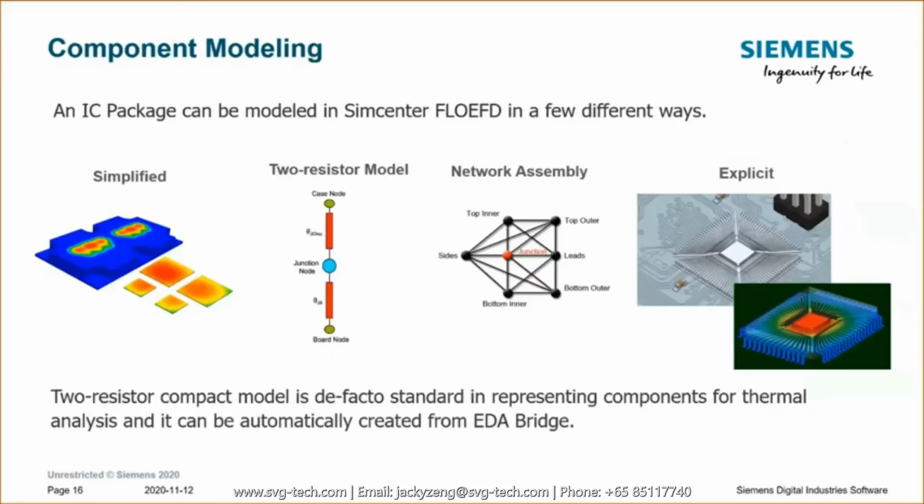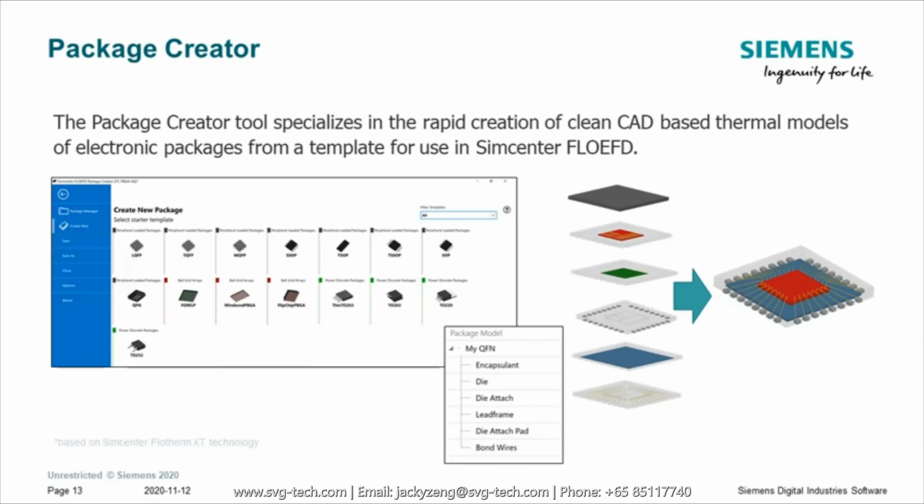Talking about the ICs, we have basically from the simplified approach to resistor, which is probably the most common method out there of modeling ICs when trying to get a junction temperature, but oftentimes that's not enough. So moving to something like a network assembly, or then ultimately an explicit representation like Adil just covered with the package creator.